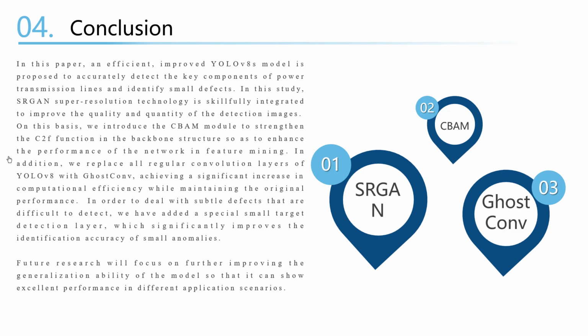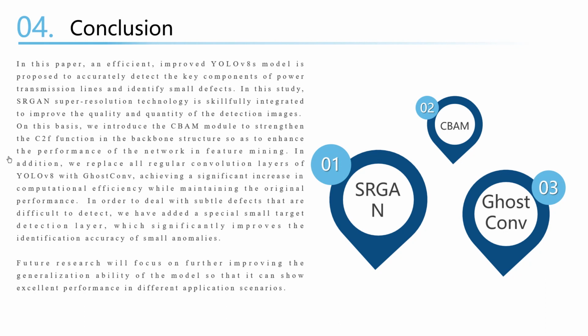On this basis, we introduced the CBAM module to strengthen the C2f structure in the backbone and so as to enhance the performance of the network in feature extraction. In addition, we replaced all regular convolution layers of YOLOv8 with GhostConv, achieving a significant increase in computational efficiency while maintaining the original performance.